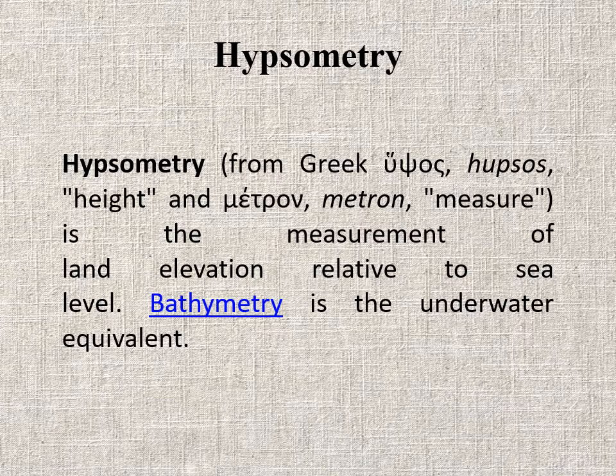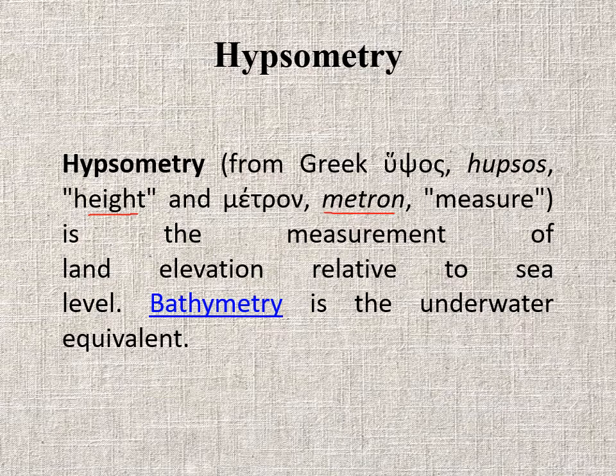One Greek word is hupsos, which means height, and another Greek word is metron, which means measure. If we sum up the two terminologies, hypsometry is the science in which the height of the earth at different places is measured. So it is the measurement of height of earth at different areas.